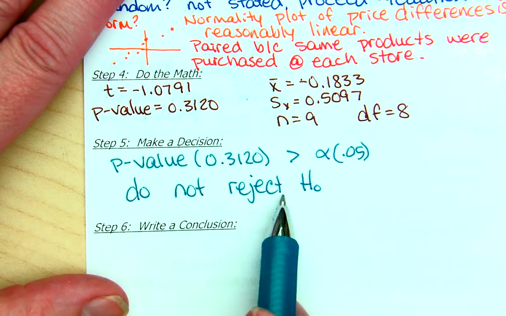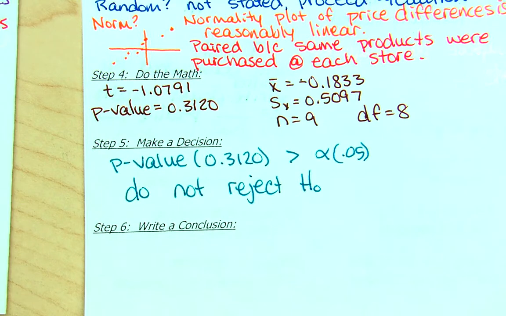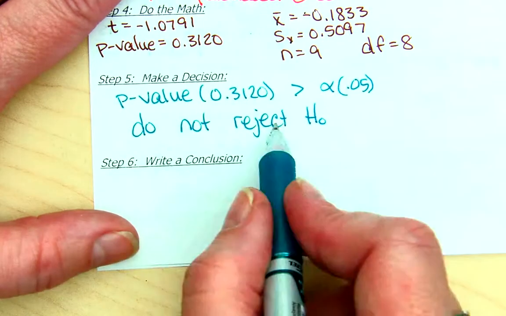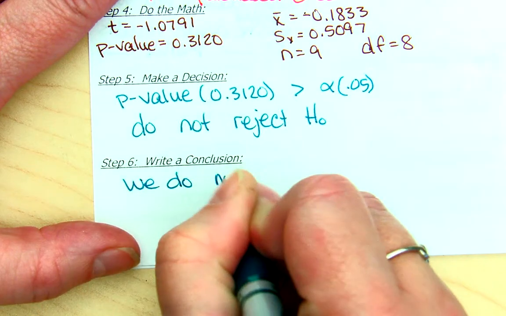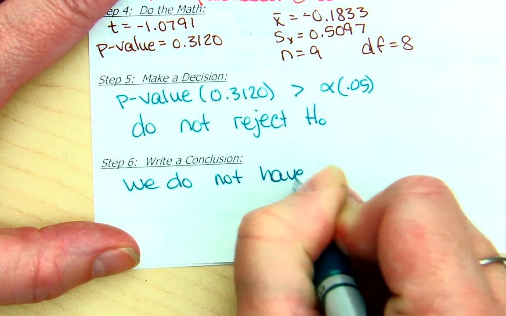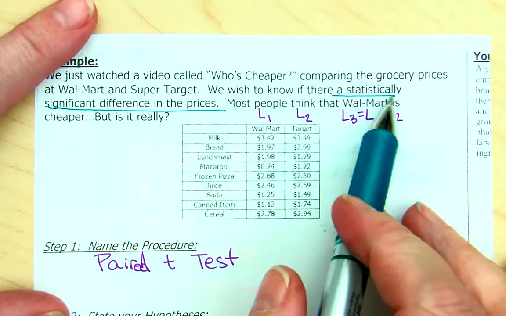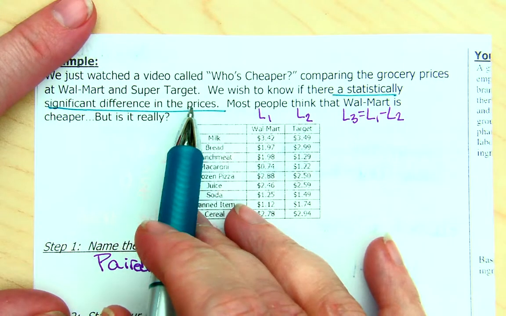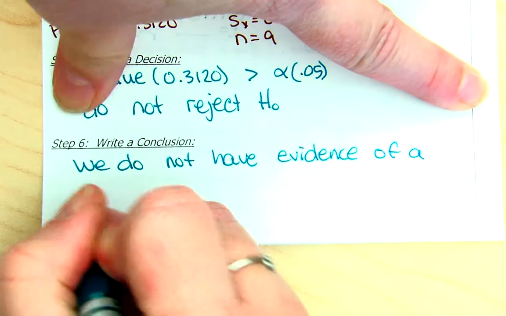Some of you are just saying reject, but you're not saying reject H0. That needs to be in there as well. So if we do not reject, we do not have evidence. And then we're looking at this statement that was written up here, a statistical difference in the price. That's what we're going to write down here.